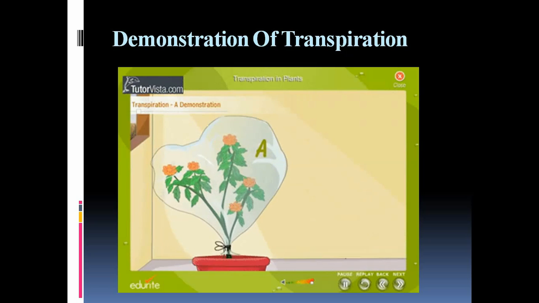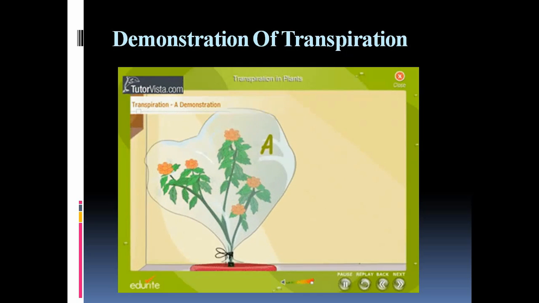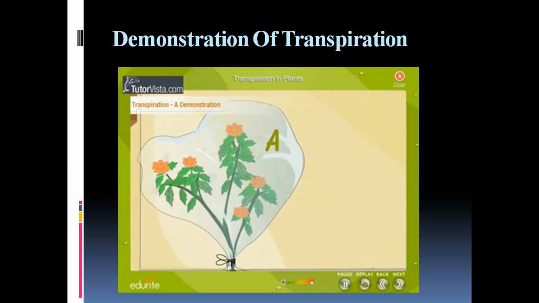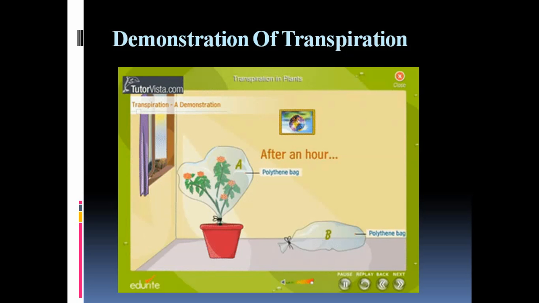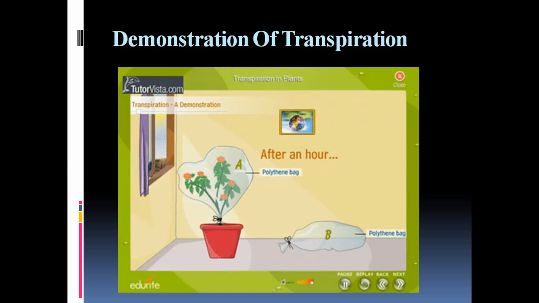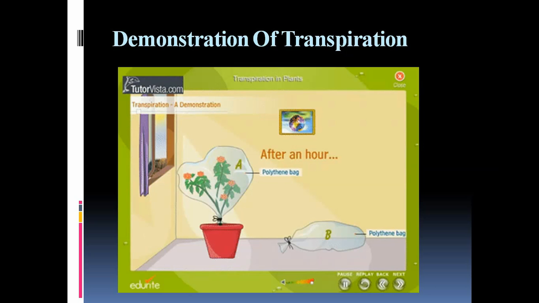Now here in the picture you can see a small demonstration of transpiration. In the picture a well watered potted plant is taken, and the plant is only covered with a polythene bag, but the pot and the soil are left uncovered. Because we just have to demonstrate that water vapor is lost by aerial parts of the plant.